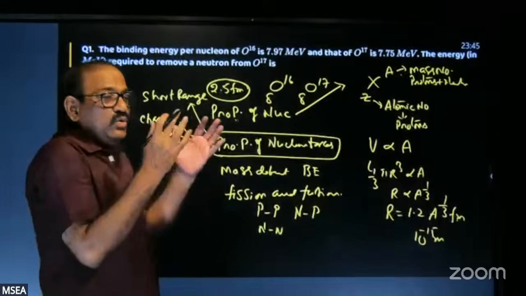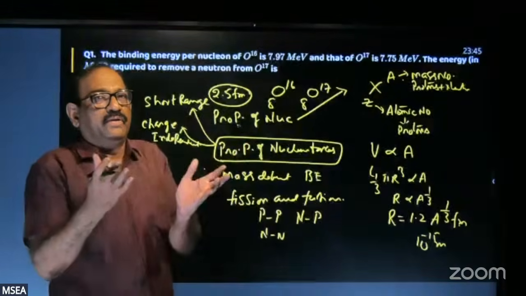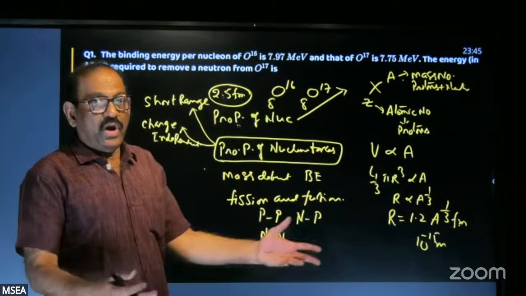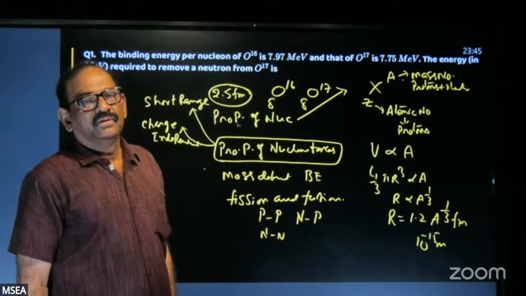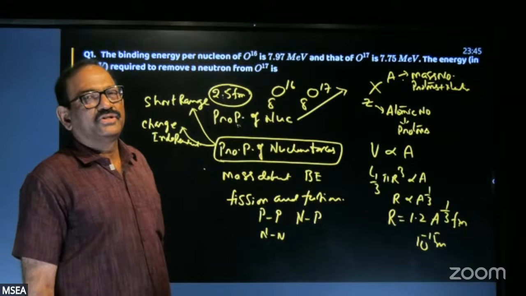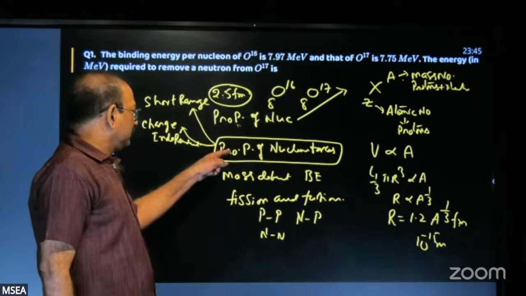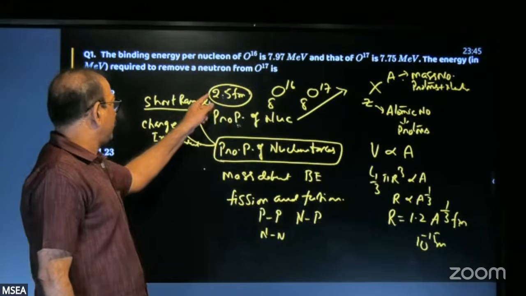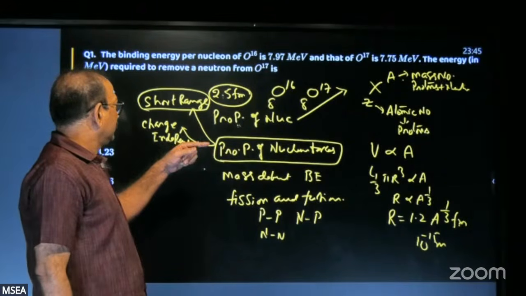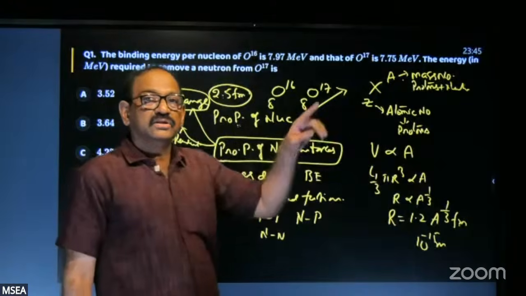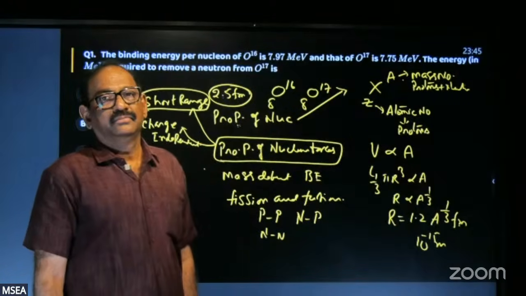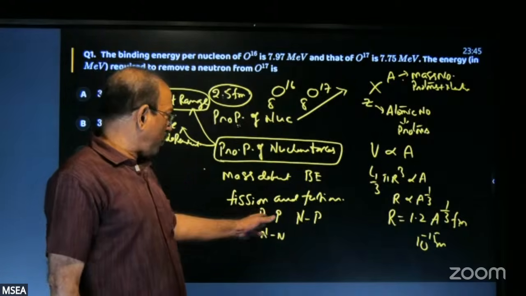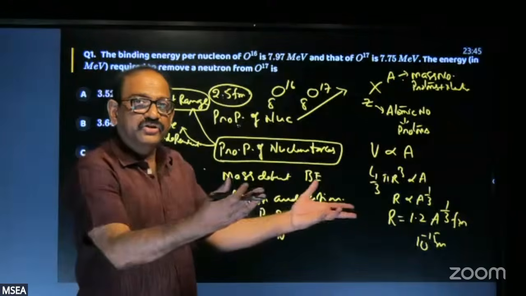You know, heavier nuclei, uranium, plutonium, these heavier nuclei are unstable. No? They are radioactive, they are unstable. Why are these heavier nuclei unstable? The reason is these nuclear attractive forces are short range. Coulomb repulsive forces are long range. Coulomb repulsive forces among protons, electrostatic repulsion, are there.